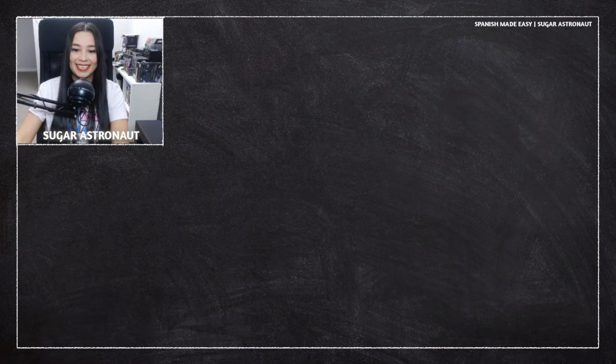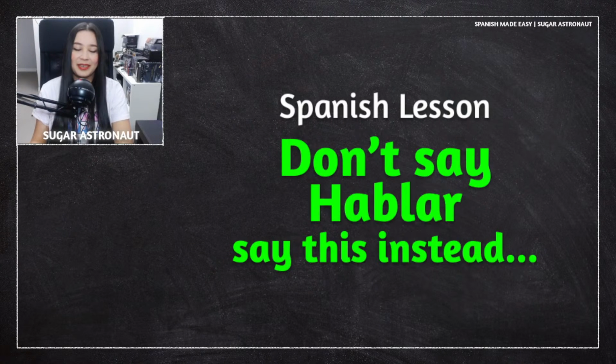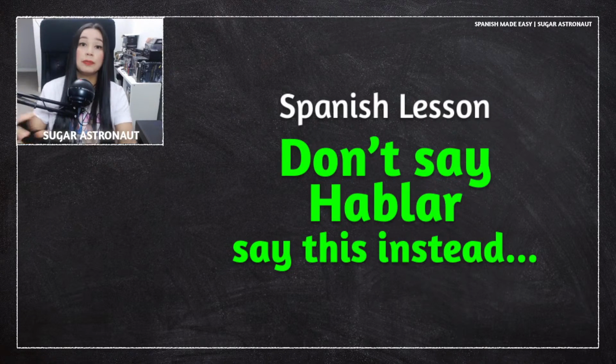Okay, let's do this. Don't say hablar. I mean, you can use the verb hablar, but the purpose of this lesson is to let you know more about other verbs that are similar to this one. Hablar means to speak, to talk, right?